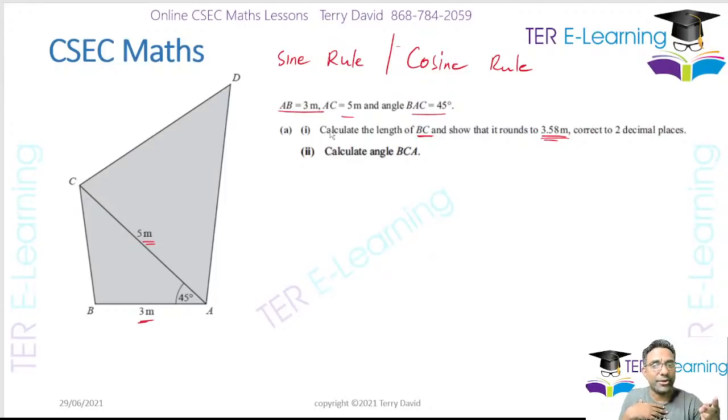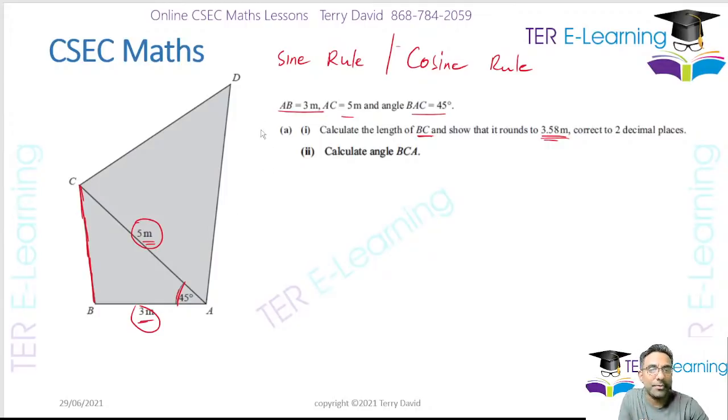The second scenario of using the cosine rule, they must give me 2 sides and the angle between those 2 sides, right? But if we look at this scenario here, they want us to work out the length BC. That is this length here, right? And look, I have two sides and I have the angle between the two sides. Therefore, I must use the cosine rule.